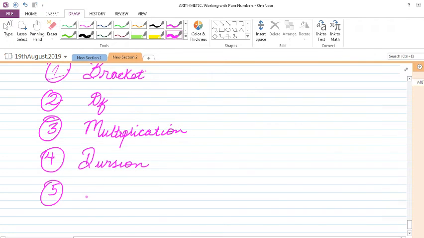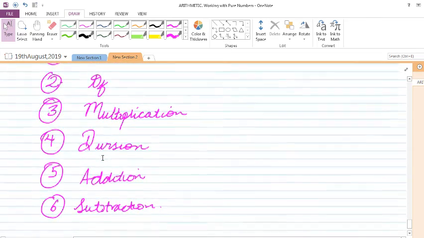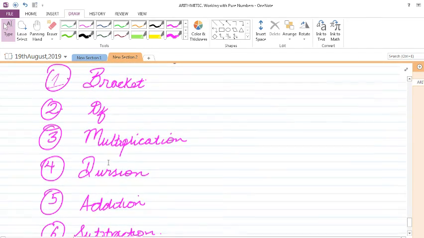Then fifth, addition. Right. So we have these six here: brackets, of, multiplication, division, addition, and subtraction. Okay?